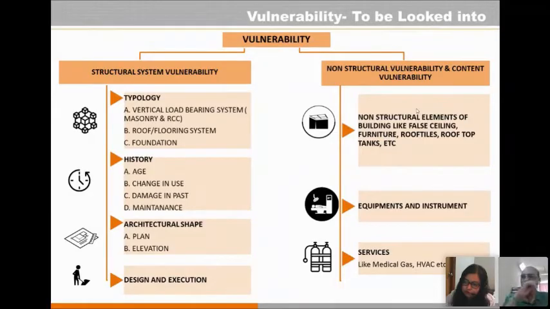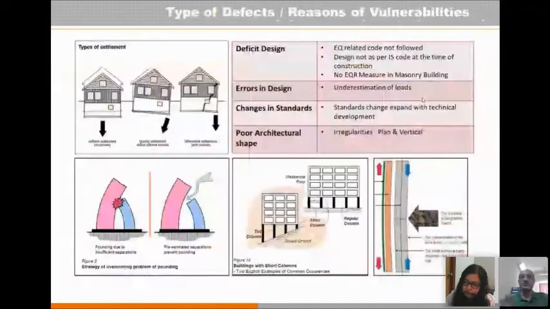And similarly, non-structural elements should not be overlooked. They should also be given proper attention, as well as the equipment, heavy mass in the form of water tanks and other things, and services like HVAC, gas pipelines, and other things which are commonly available in the hospital. They should also be given proper impetus.